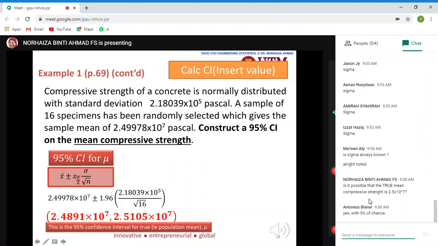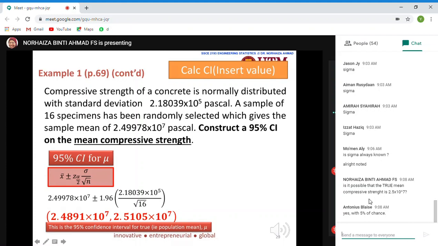Good. Yes, with a 5% chance. So it's true, because why? Why is it true? It is possible. So why is it true now?